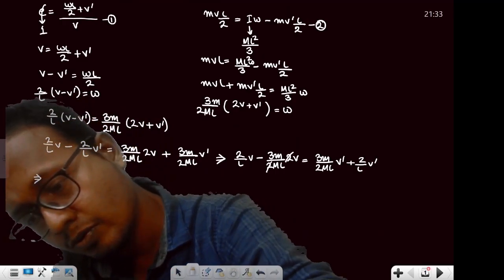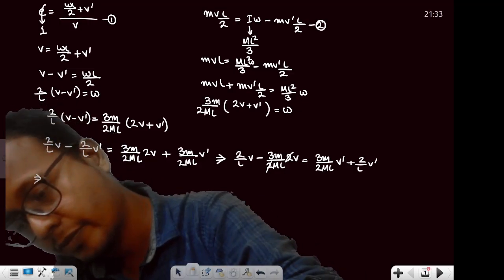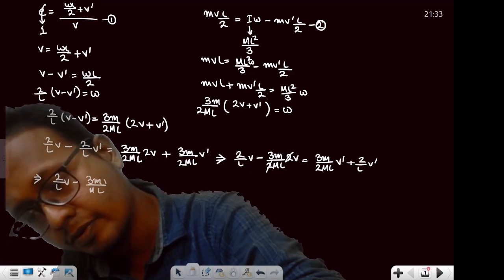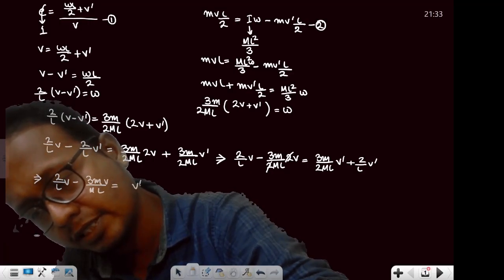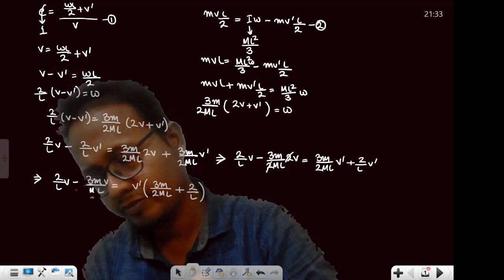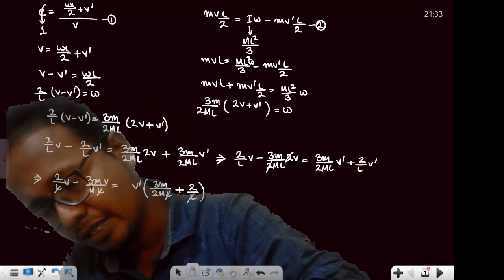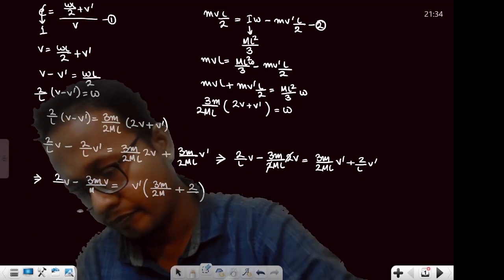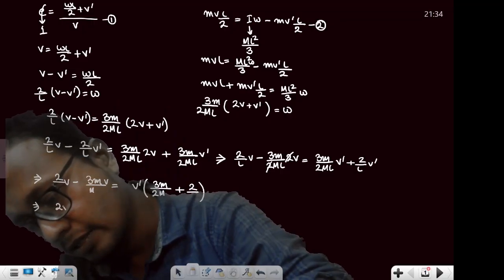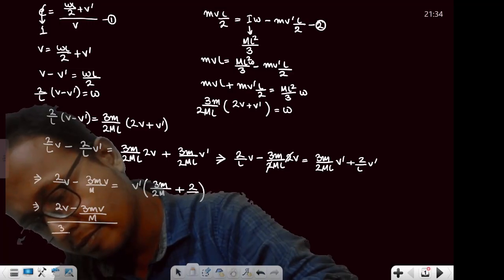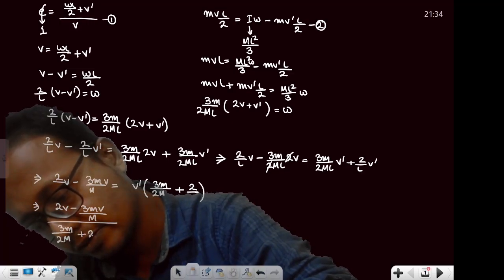Or 2 by L v minus 3m by ML into v is equal to v dash into 3m by 2 ML plus 2 by L. Okay, let's cancel out the L. I do not need the L. So v dash is nothing but 2v minus 3mv by M divided by 3m by 2 capital M plus 2.